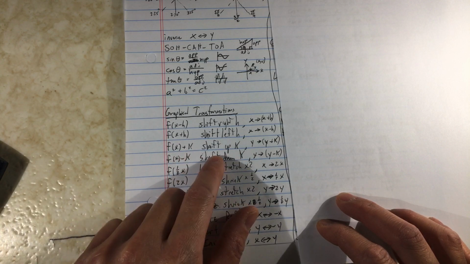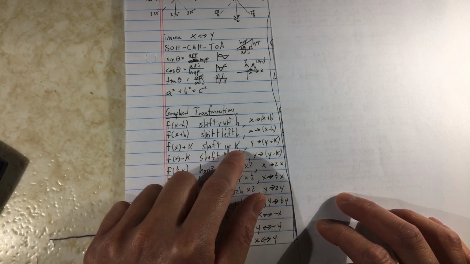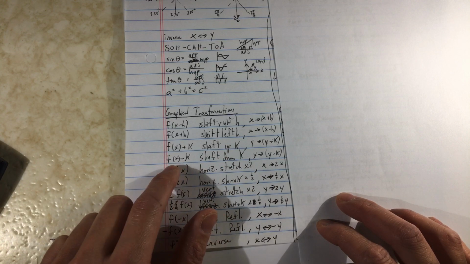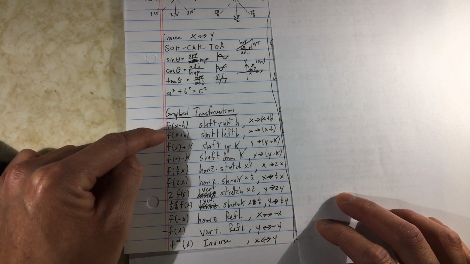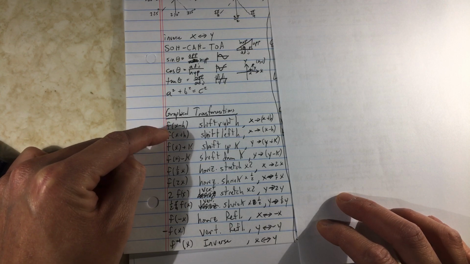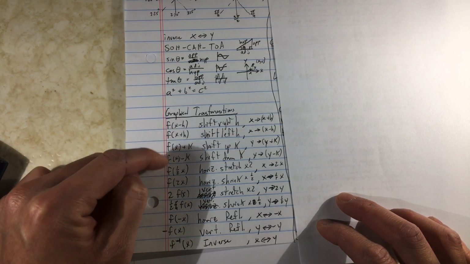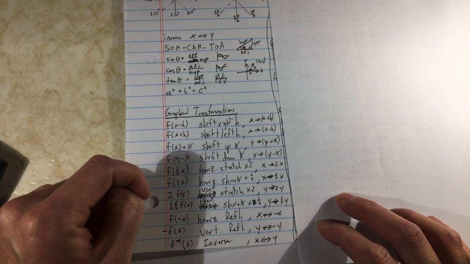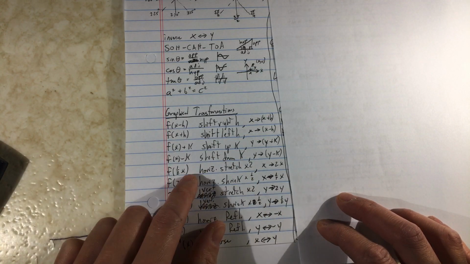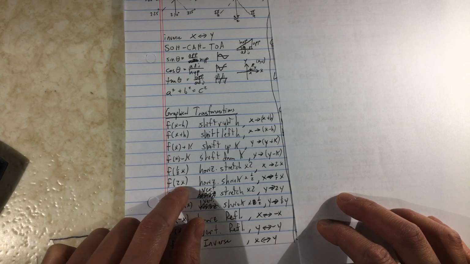F of x plus k, if k is outside the function, shifts it upward. Minus k, if outside the function, shifts it downward. So if it's inside the function, it is going to be a horizontal change. And if it's outside of the function, it's going to be a vertical change. And then you have horizontal stretch and horizontal shrink.